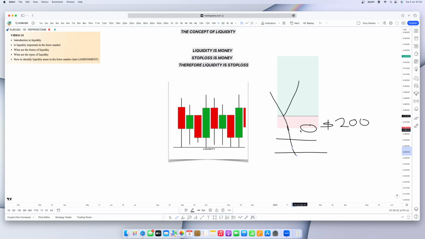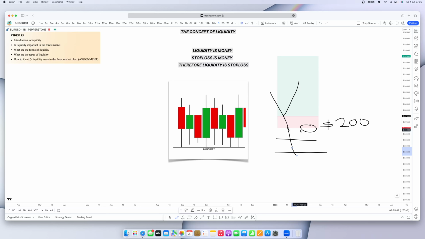And what is needed to move price? Money. And what is money now? Liquidity. So liquidity is needed to move price. Remember the Google definition: liquidity is how active a market is. A market can only be active if there is presence of money there. Seeing it now? So liquidity is money.